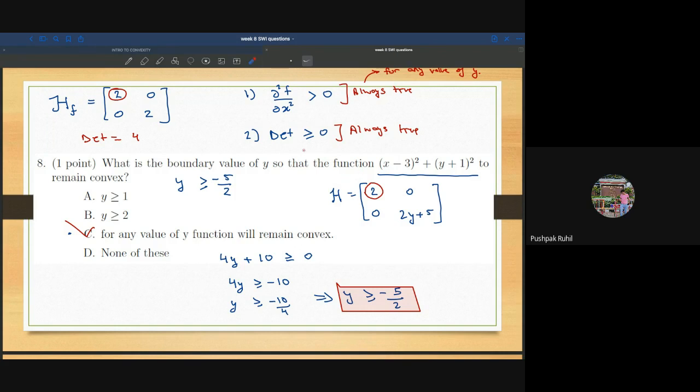Even for x, it would remain a convex function for any value of x, because your Hessian matrix is independent of x or y.